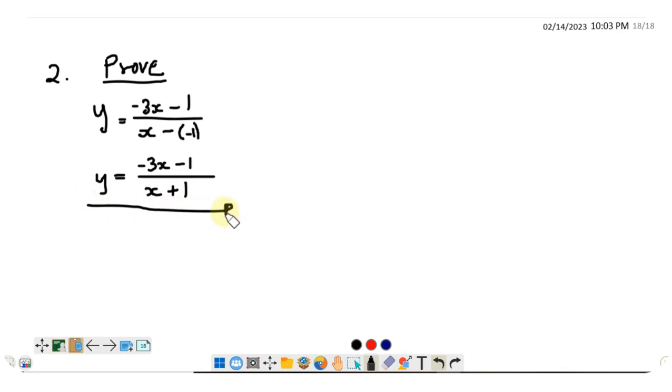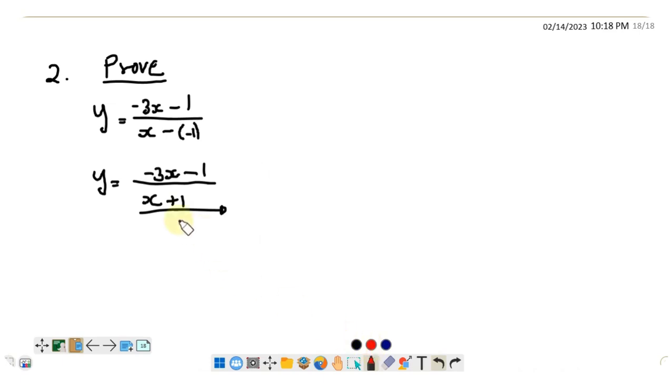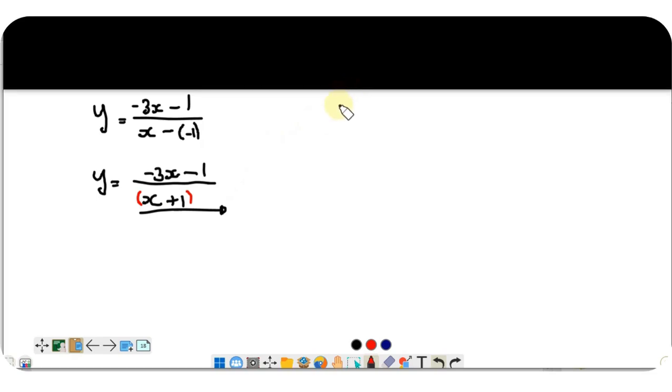From here, guys, the next step is to make sure that the denominator forms part of the numerator.